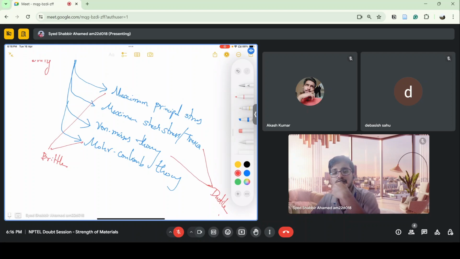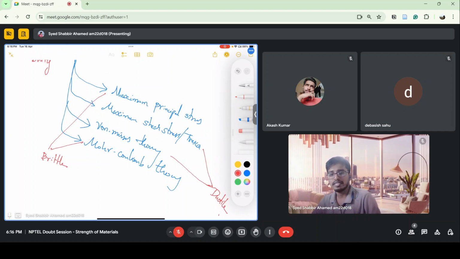Then after that, we can use these failure theories and make sure that whatever stresses we get are under the prescribed stresses, like for brittle materials, it should be lesser than mostly the maximum shear stress or something else.